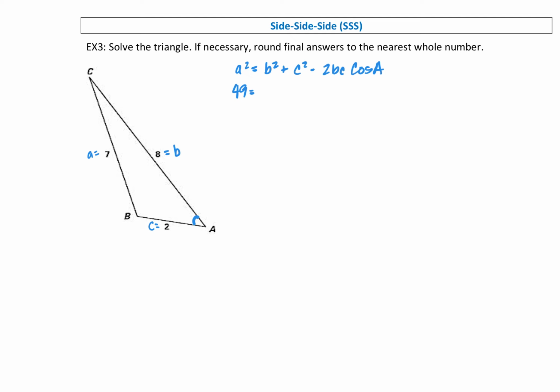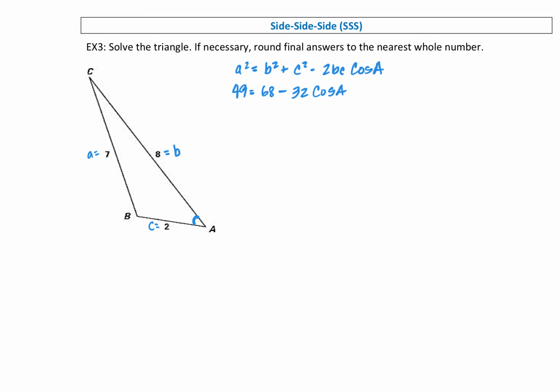So if I do 8 squared plus 2 squared, I get 68, 64 plus 4, minus 2BC, that's going to be 32. It's 2 times 8 times 2. And cosine of A. So you don't have to put every single value in there. I just wanted to make sure my triangle is correctly labeled before I start skipping some steps in the formula.